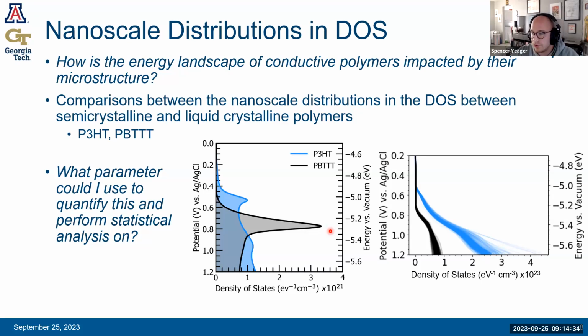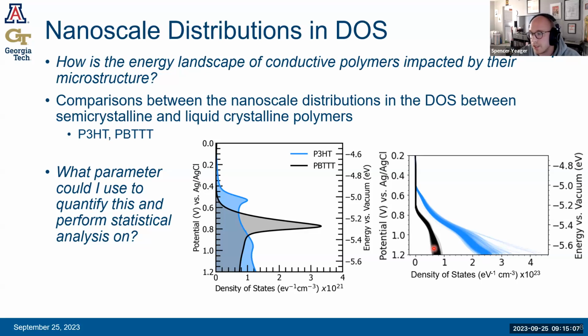And then if we move to the nanoscale approximation of the density of states, you can see that for P3HT, all these lines aren't overlaying perfectly on top of each other. So there is some spatial heterogeneity in those density of states, whereas in PB/TTT, all of the states are overlaying nicely.